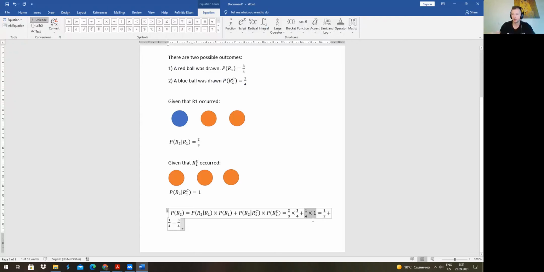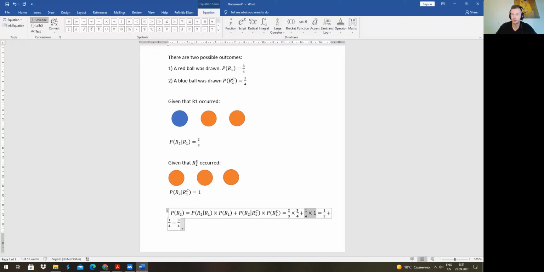Whenever you take the blue ball on the first step, on the second step you will definitely have a red ball, and then you add these two probabilities, because we have two ways to arrive at this final outcome.